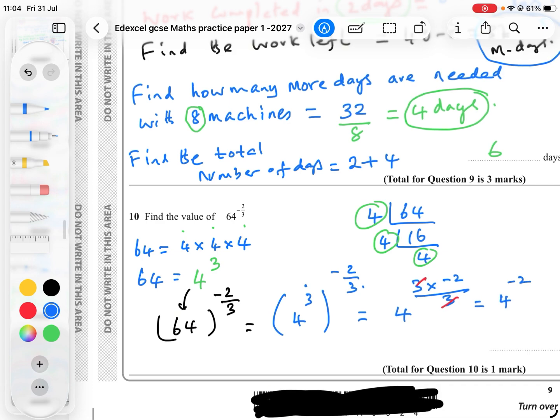When you change minus 2 into positive, you have to write 1 over this one. When you write 1 over, this power becomes positive. 4 squared, not negative. 1 over 4 squared is 1 over 16. So the answer is 1 over 16. Find the value of 64 to the power minus 2 over 3 is 1 over 16. Thank you.